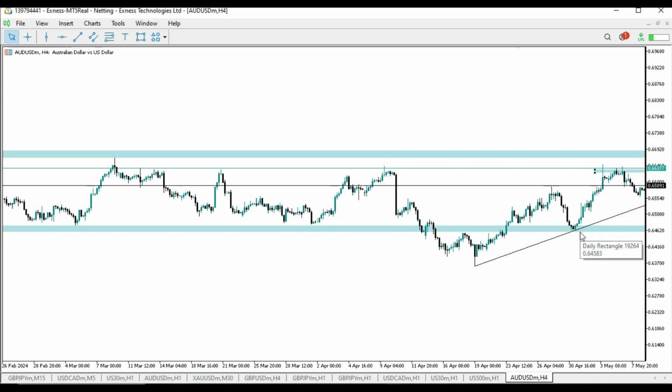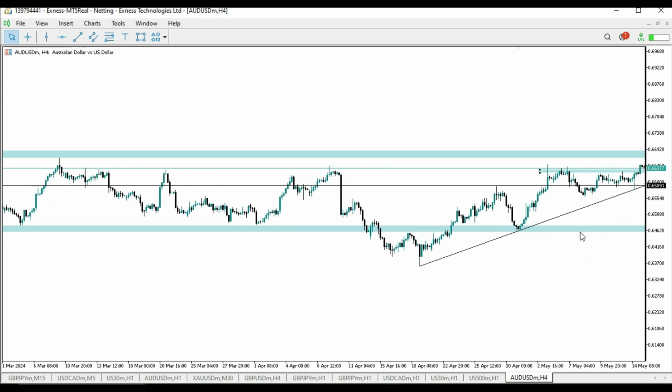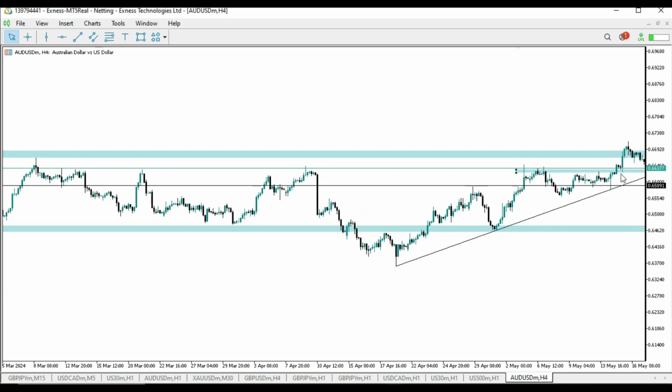Now let's see what the market will do, as we've extended the trend line into the future to serve as a support. This trend line here is serving as a support to the market. You can see that when the market got here, it touched it again because we've extended it into the future.